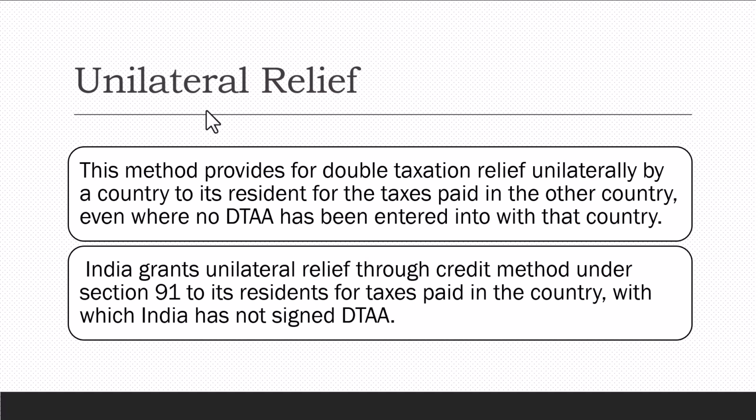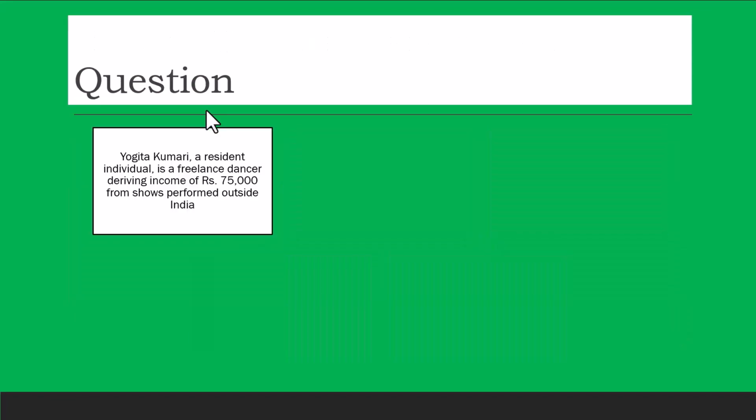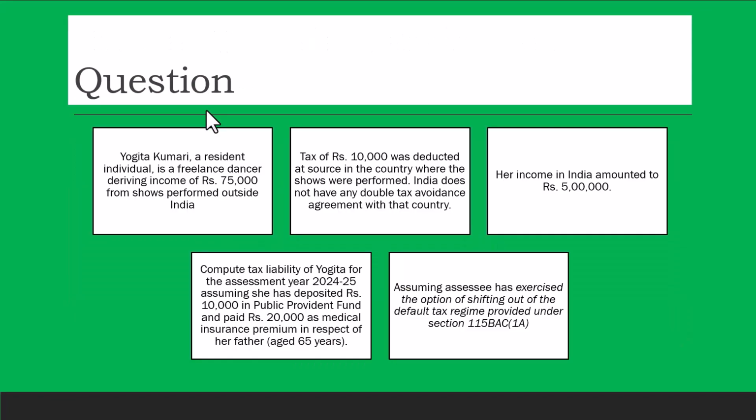In case we don't have a DTA agreement, still there can be a unilateral relief given under Section 91. We'll understand this mechanism through our examples, so I will go straight away to an example to understand that. Just read this question.